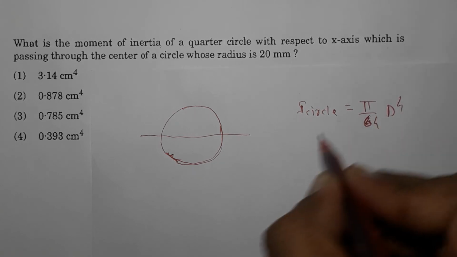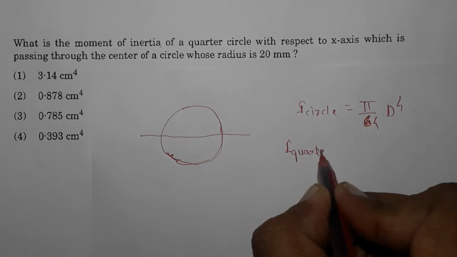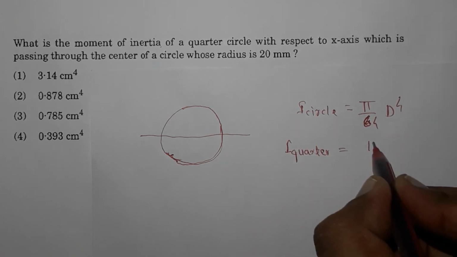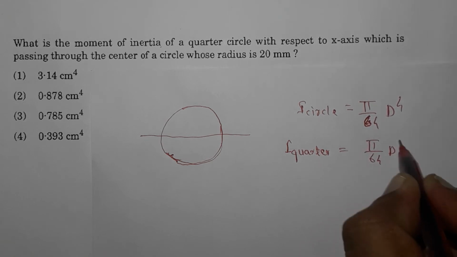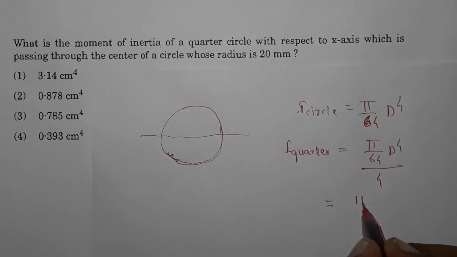Therefore I of a quarter circle is equal to pi by 64 d raised to 4 divided by 4. So this is equal to pi divided by 4 into 64 into d raised to 4.